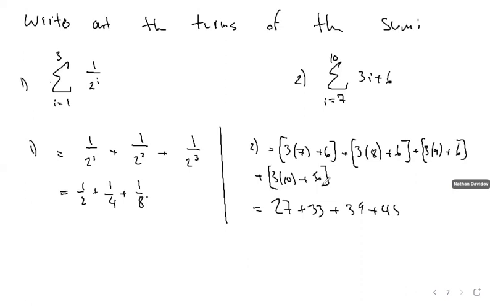Oh no, I was just guessing. That's wrong. This is 27, 3 times 8 is 24. So this should be 30. And this should be 33, and this should be 36. Okay, that's better.